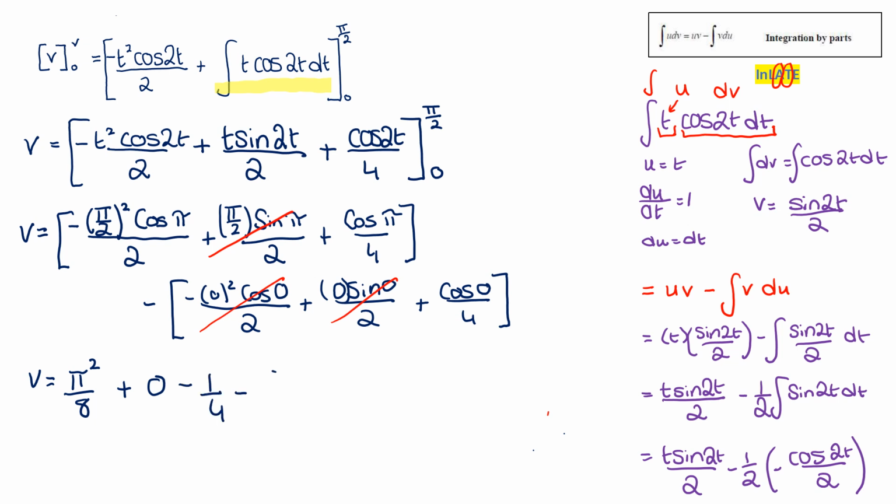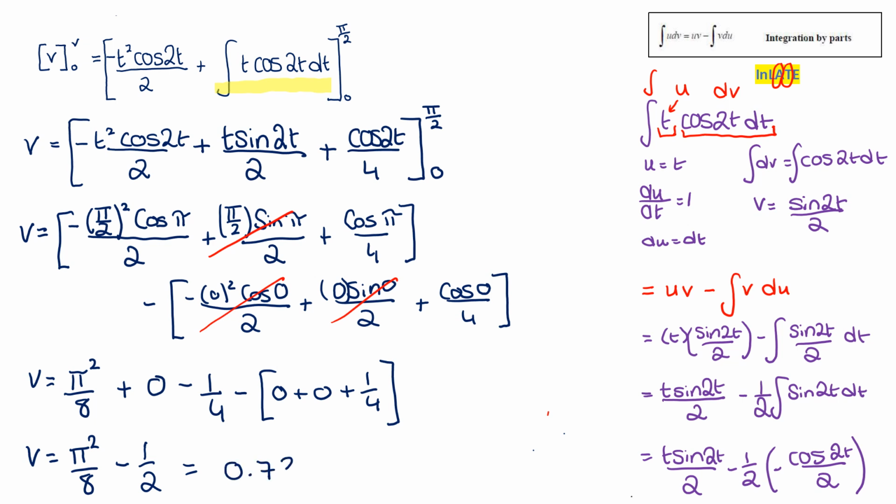And then we have minus, and then 0, 0, and that's plus a quarter. So what we end up with is pi squared over 8 minus a quarter, which is minus 2 quarters, or minus a half. And it's fine to leave your answer like that. Or if you want to change that to decimal, correct to 3 decimal places, we get 0.73.